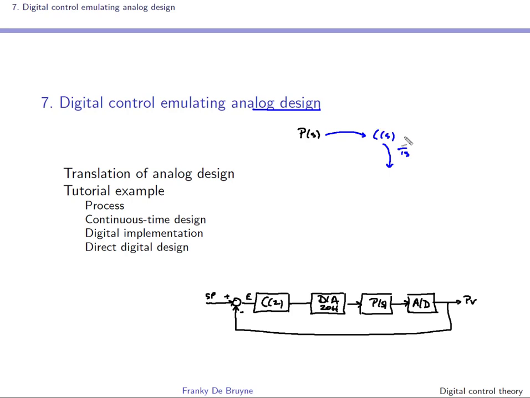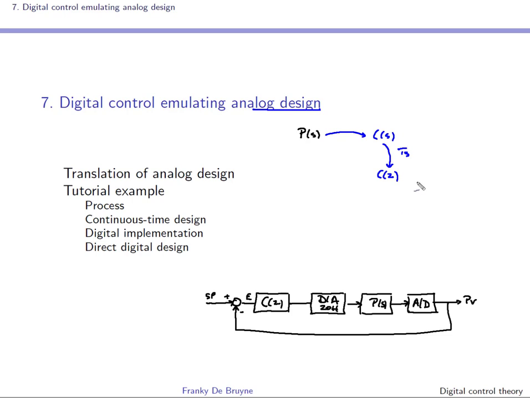a discretization method, which is probably matched poles, matched zeros. This is the best way to go, and we obtain a digital controller, and this digital controller emulates the analog design, right?